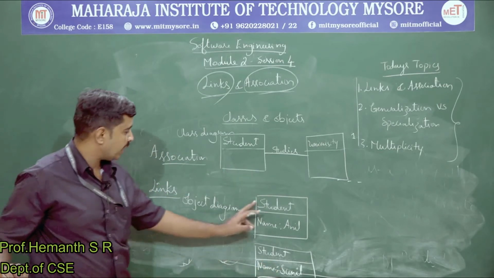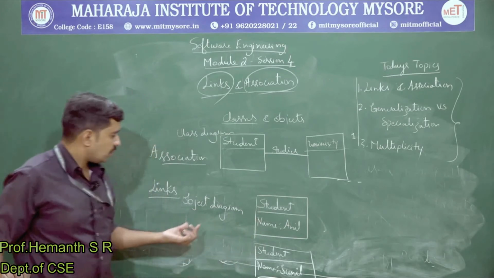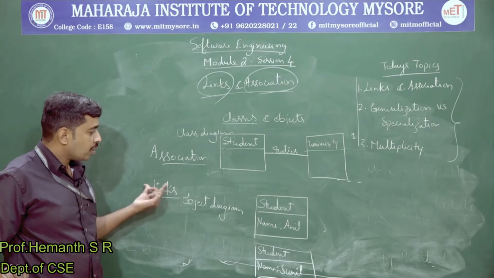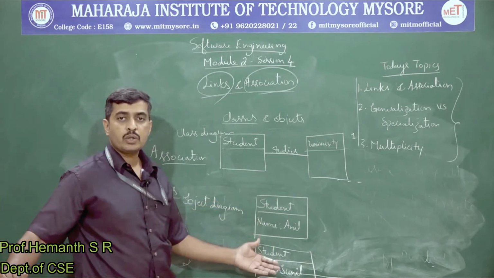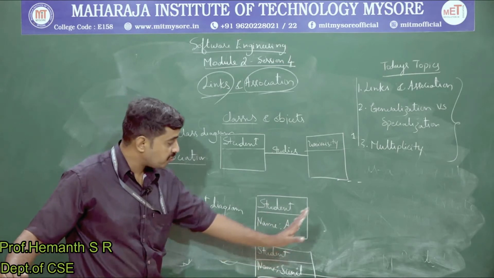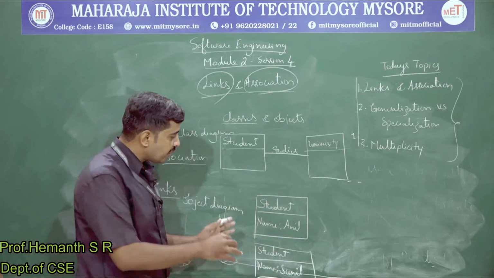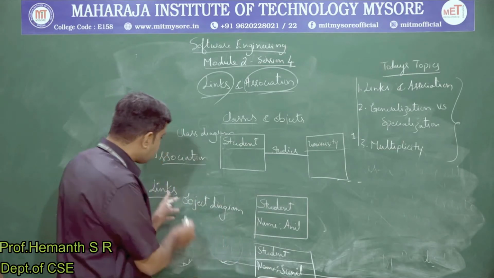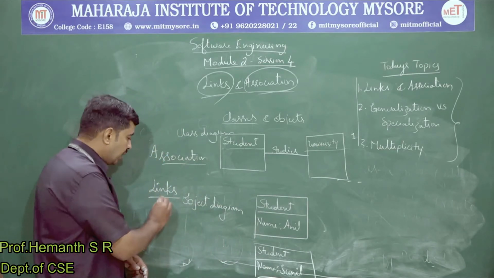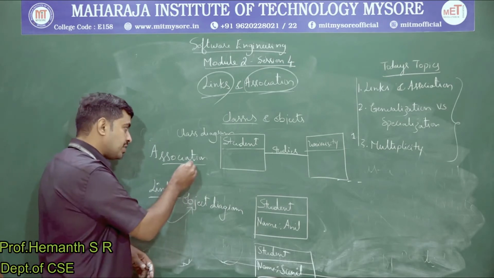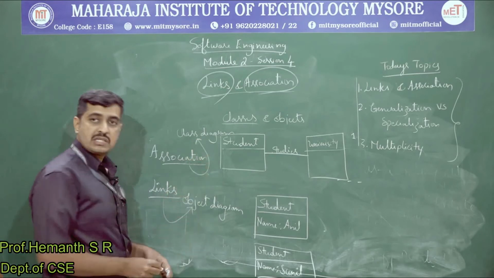So two objects have been created. Now what is a link? A link talks about how the objects are related to one another, how an object is related to a different object, how an object is related to a class, how they are communicating. All these things are represented using links. So link is basically dealing with objects and association is basically dealing with classes.